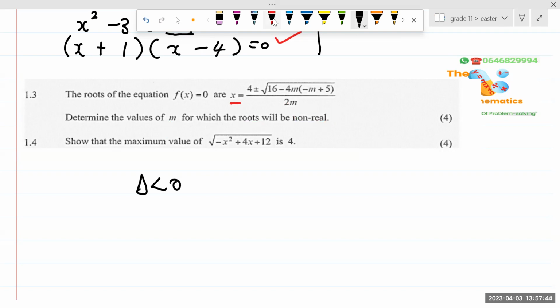And remember, guys, where do you get your discriminant? You're going to get it inside the square root. Then, in other words, you will say 16 minus 4m, open bracket, minus m plus 5, should be less than 0.